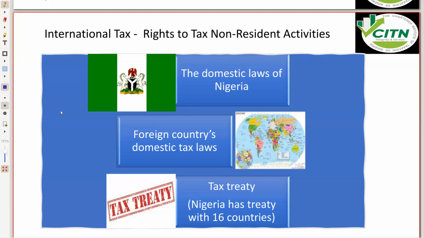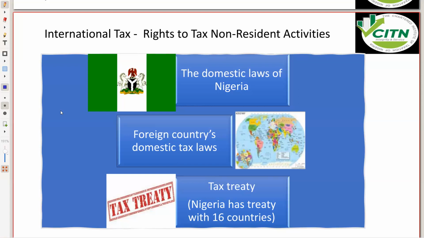The second is foreign countries' domestic tax laws. You stay in Nigeria, but you're earning income from outside of Nigeria because maybe you're providing freelancing or something. That country has a right to tax your income because they have their own tax laws that apply to income earned out of their country. So that gives them the taxing right to tax your income, whether you reside there or not.